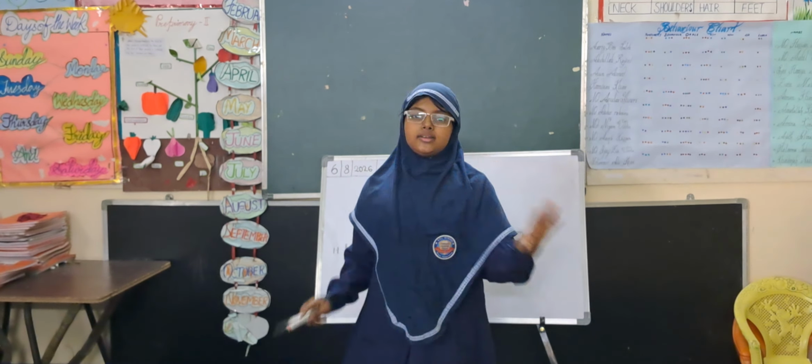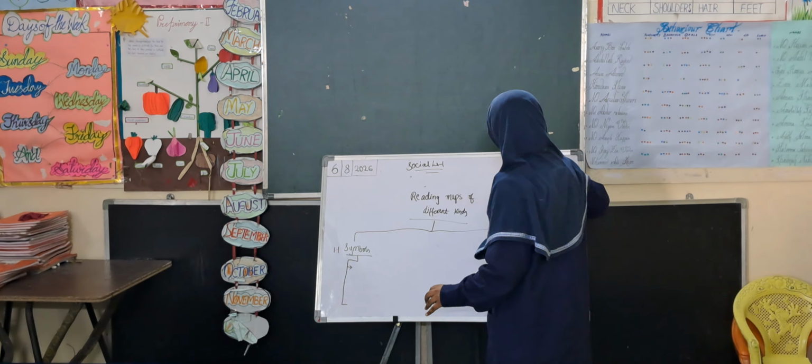If we want to show the distance between our home and school, we cannot exactly draw all the things of our school, but we use symbols.